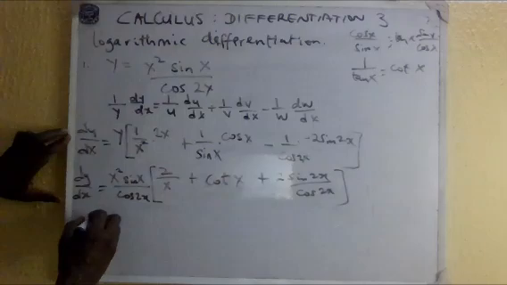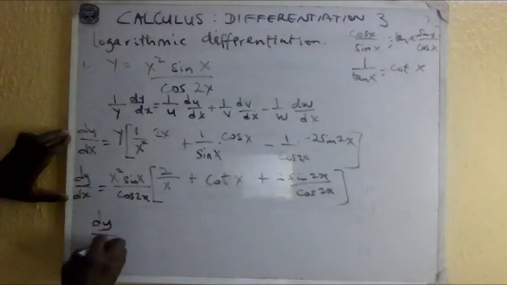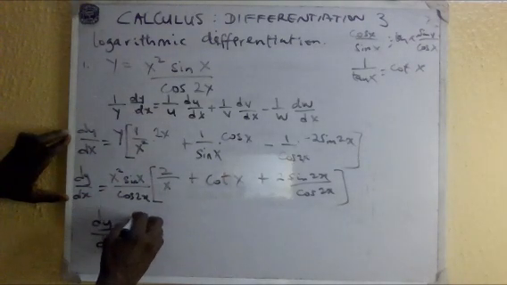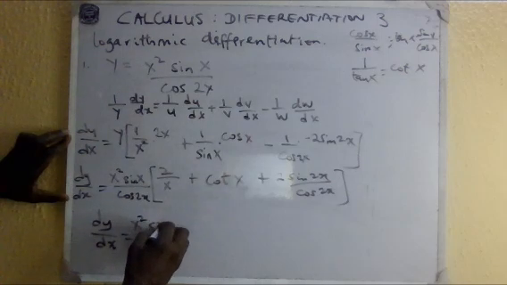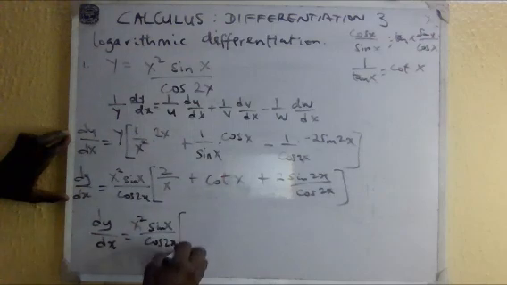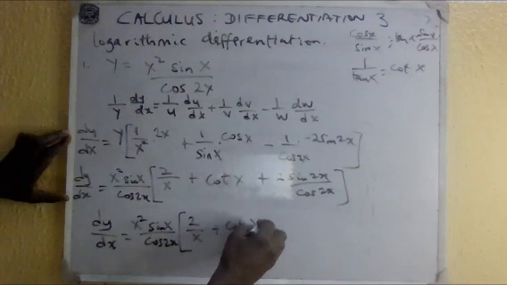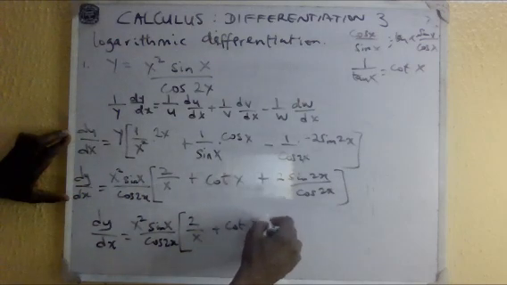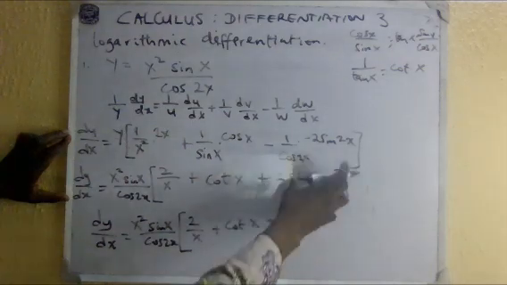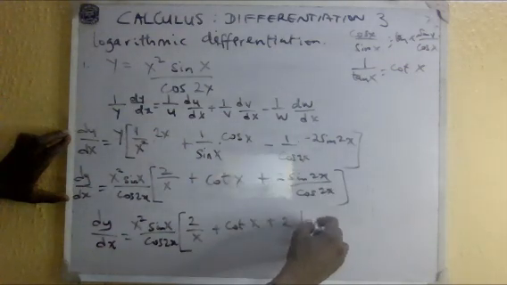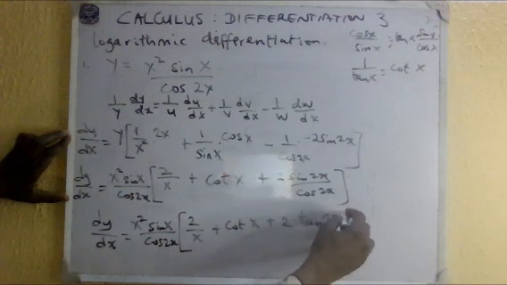So finally, dy/dx is equal to x squared sine x over cos 2x, open big bracket, 2 over x plus cot x. Then this one now plus 2, there's 2 here. Then this one is tan 2x, close bracket.